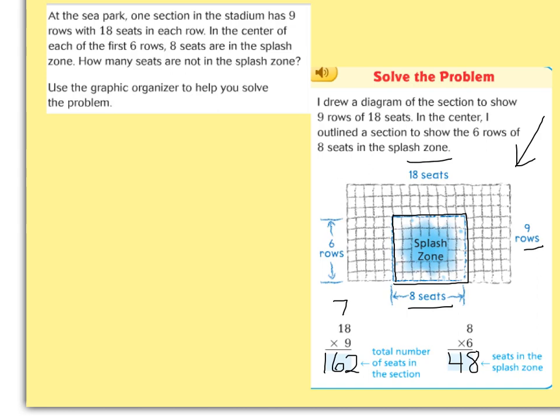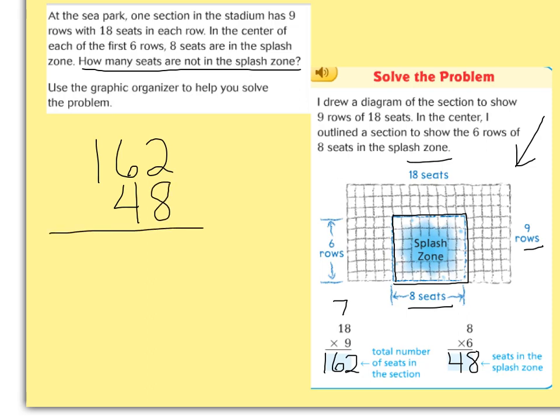Okay, now that we've done that, let's go back to the question and see if we're ready to solve it. It said, how many seats are not in the splash zone? So I know I have 162 seats in the section and 48 seats in the splash zone. So what operation will I need to use to find out how many are not in the splash zone?